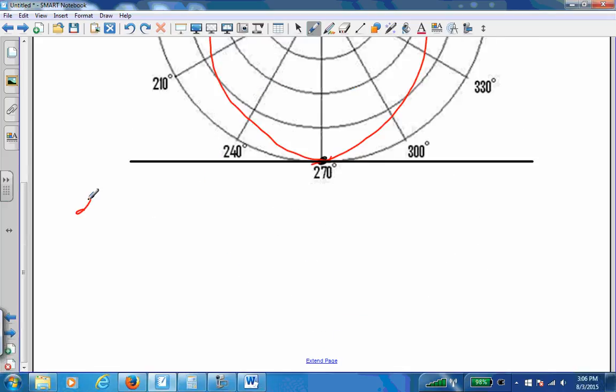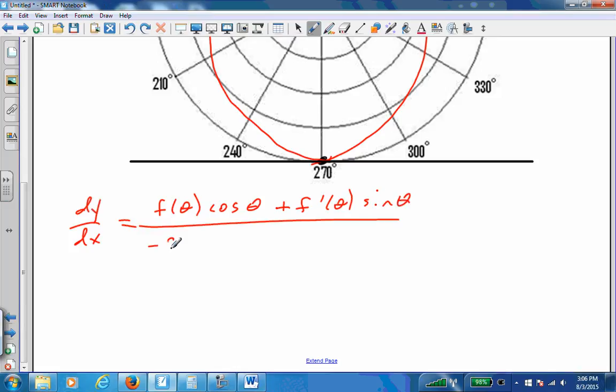So keep in mind, dy over dx is f theta cosine theta plus f prime sine theta over minus f theta sine theta plus f prime cosine.